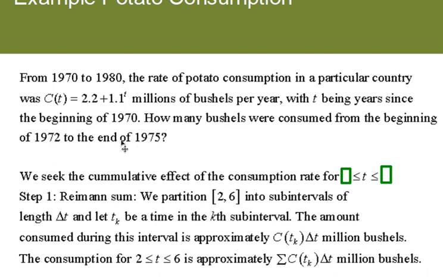So basically you could take each little subinterval and figure out how many million bushels were being consumed, multiply it by the width of that rectangle, and then add up all those rectangles, and we would get it. But that's exactly the same thing as doing the integral from 2 to 6 of c of t dt.